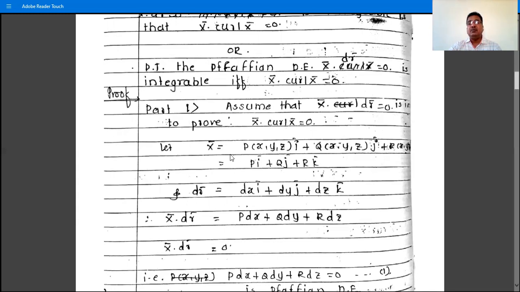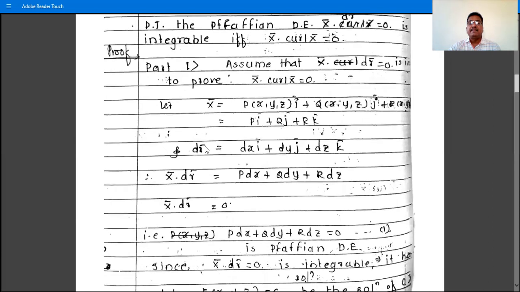So x̄ is obviously Pi + Qj + Rk, where P, Q, R are functions of x, y, z. And dr̄ is dx i + dy j + dz k.